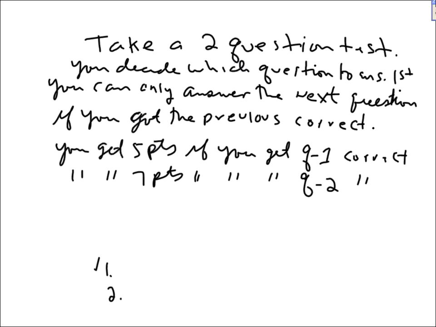Again, there's only 2 ways for you to get question number 2 correct. And that's if the first question you answer is question number 2 and you're correct. Or you did question 1 first and you got it correct, and then you went on and got question 2 correct. Okay, now, like I said, some probabilities.